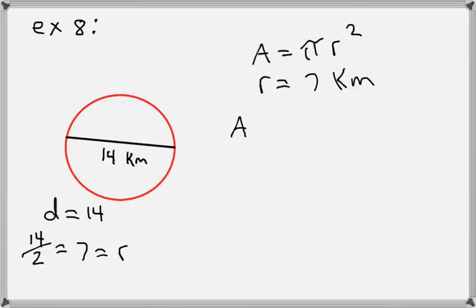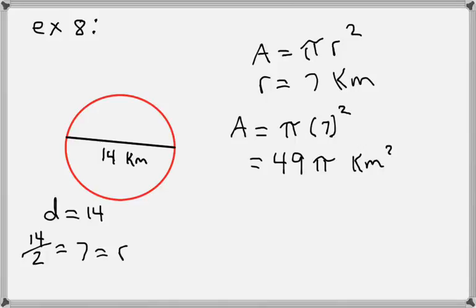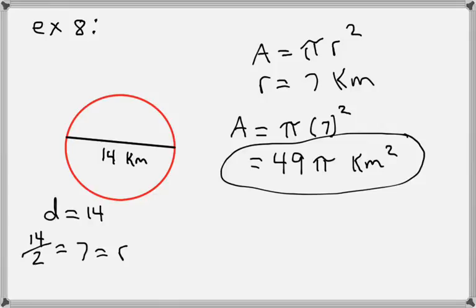So just plug in. Our area for this specific circle is pi times the radius 7 squared. 7 squared means 7 times 7, which is 49, times pi, and don't forget your unit of measure, kilometers squared. And so we've calculated the area of this circle.